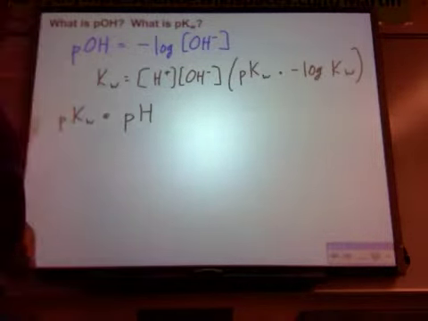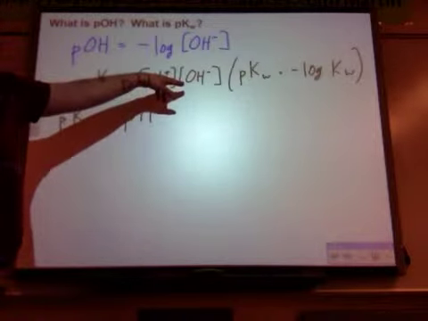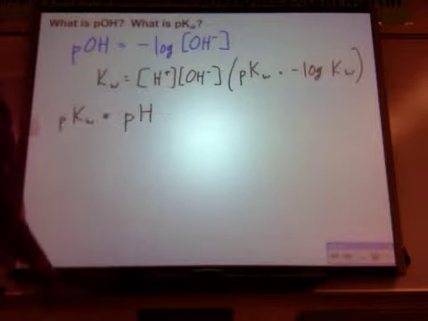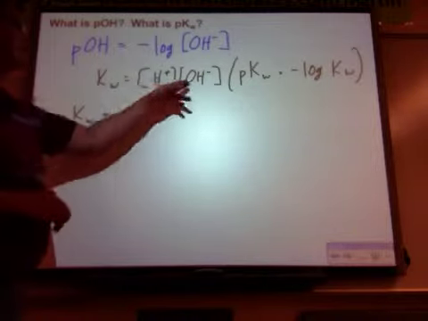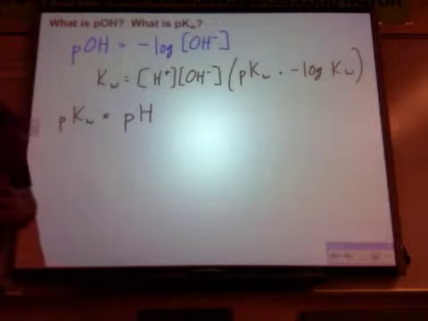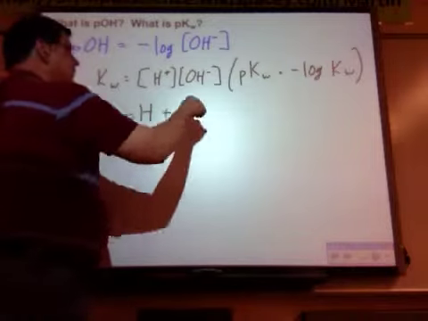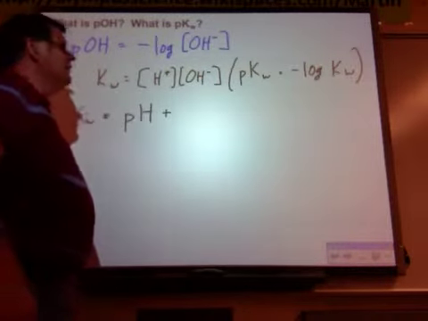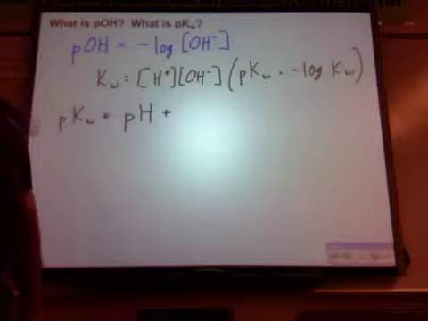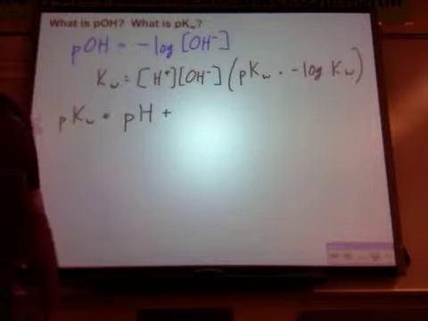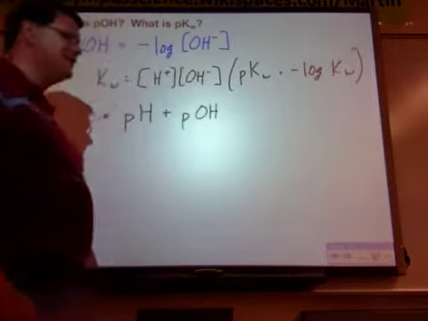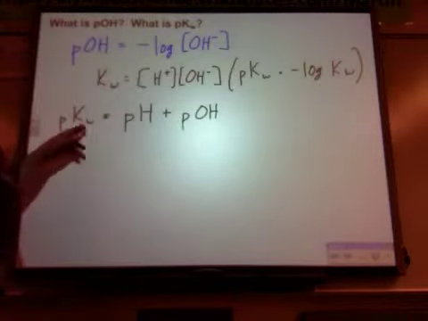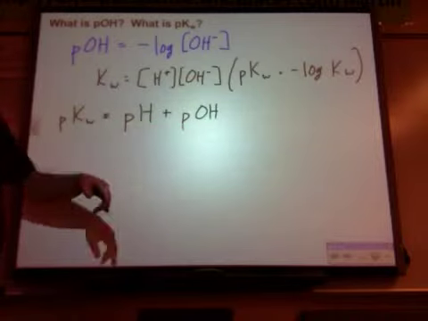And then with logarithms, where we have multiplication in a regular equation, what does that become in a logarithmic equation? If you're multiplying two things together, what do you do to their logs? You add them. So, what is the logarithmic form of hydroxide ion concentration? pOH. Okay? So pKw equals pH plus pOH.